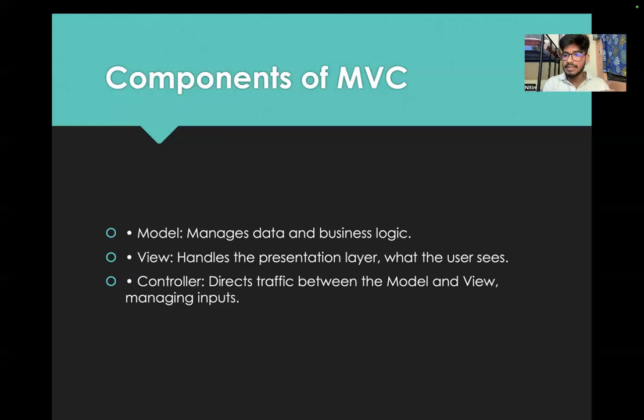The nervous system is the controller and the brain is the model. So a database is actually a model, and the controller connects the view and the model through the components we use.